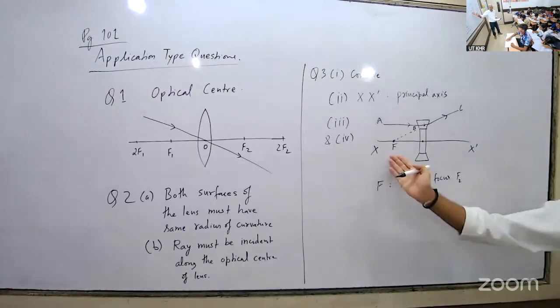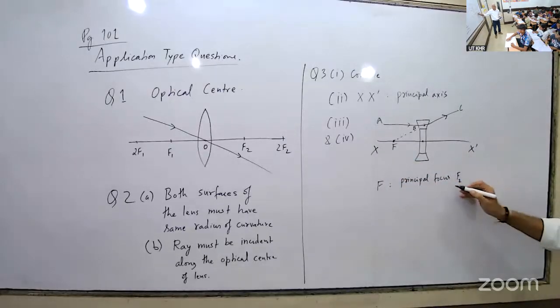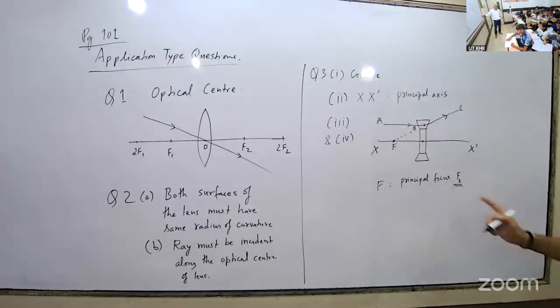Okay, but here they have said F. For your knowledge, which you are familiar with, it is already F2. This kind of question is very unlikely to come now. They are too simple now.